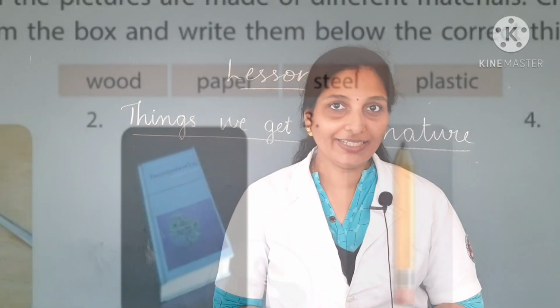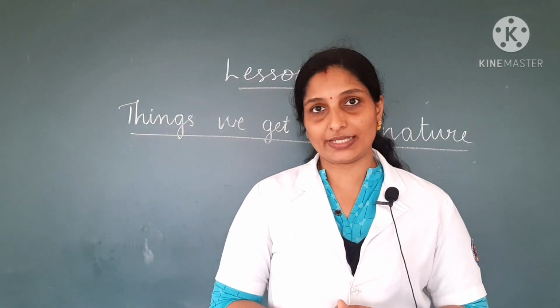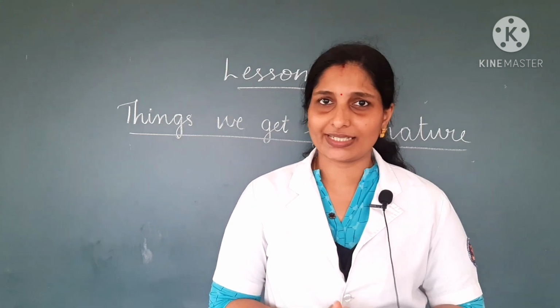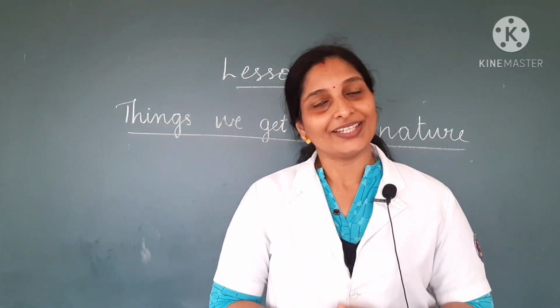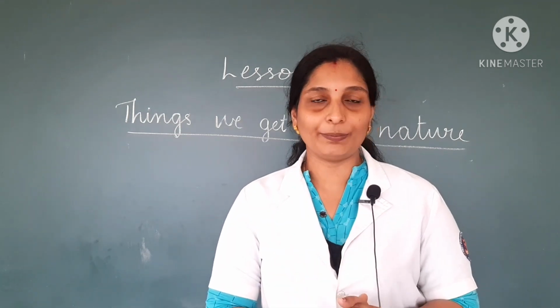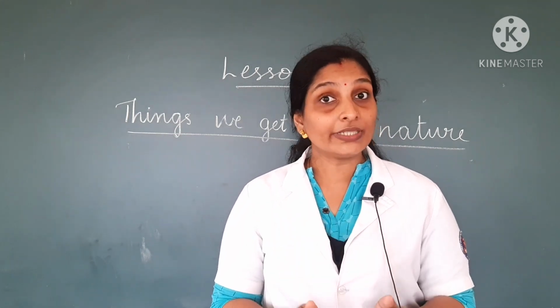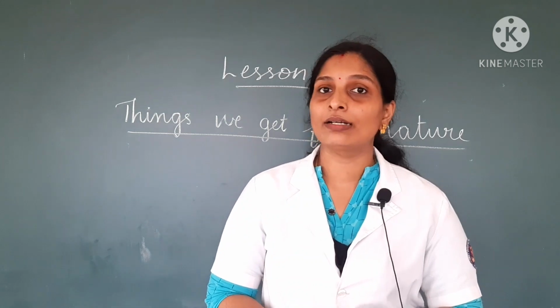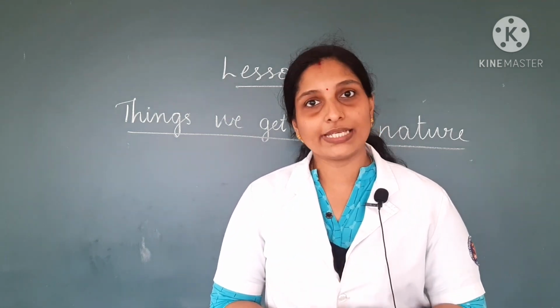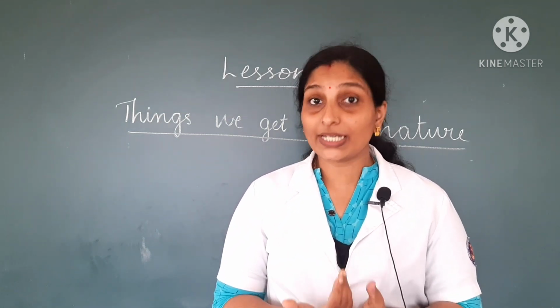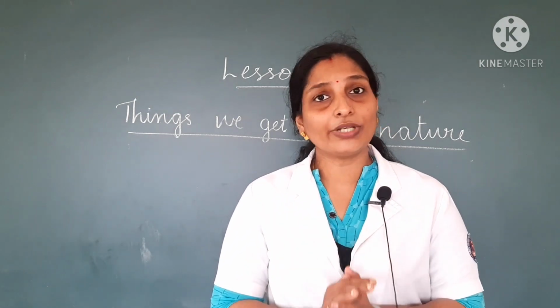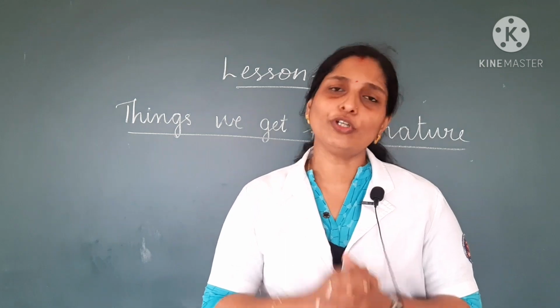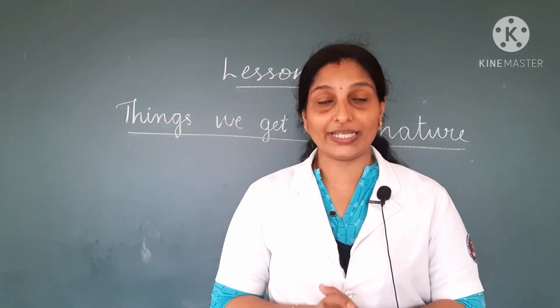Very good. Children, we use different things in our daily life, isn't it? Are they all the same? No, they all are different because they are made with different materials like wood, plastic, metal, glass, paper, etc. Just think about a day in your life. What all things will you use in a day?